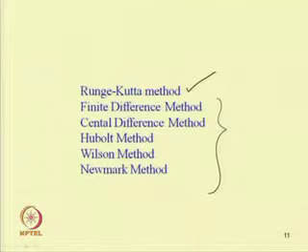Then one can use the Houbolt method, Wilson method or Newmark method. These three methods we will study now, and we will see how they can be used to find the response of the system.